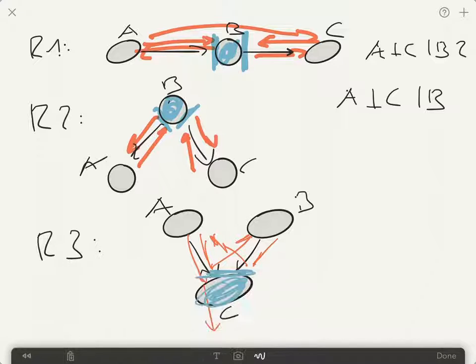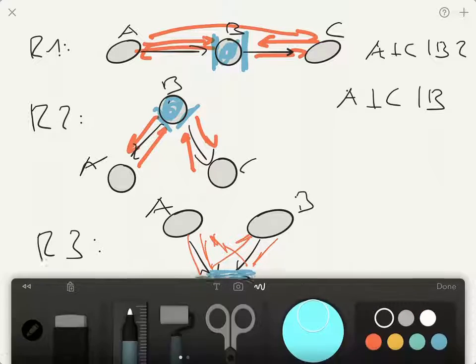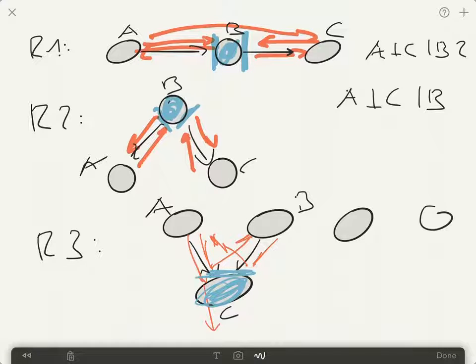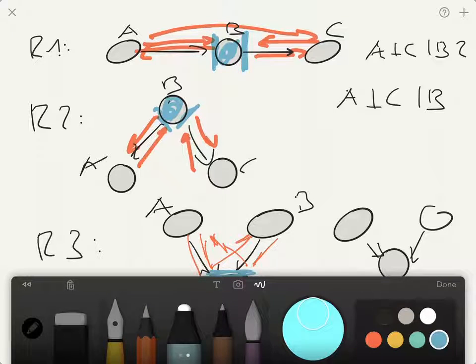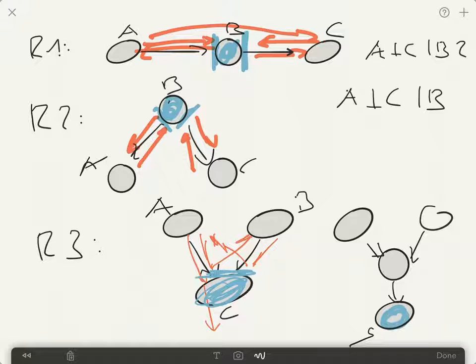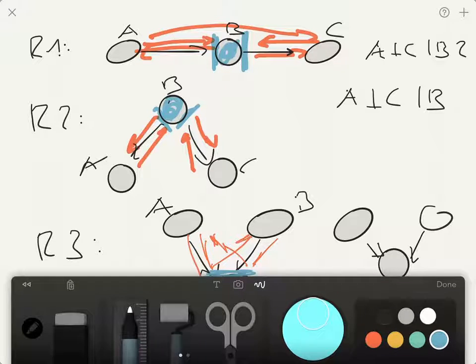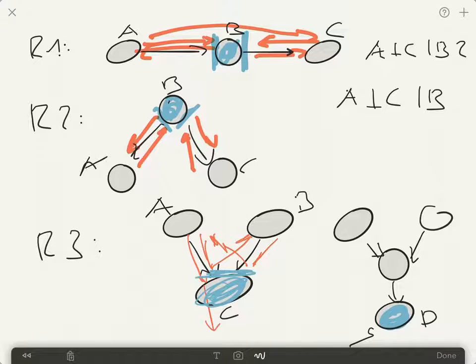Special at this rule is if we have some more nodes down here, we can have arbitrarily many, and we observe one of them, let's call it D. We have here C and A and B, and now the question is: are A and B independent given D?